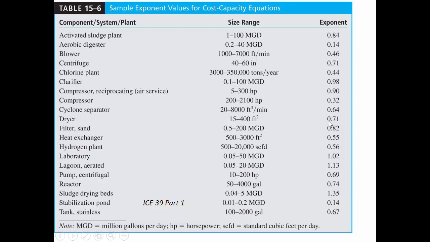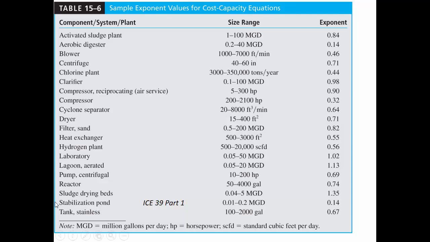But there's a handful of these things where there is a diseconomy of scale. A sludge drying bed, an aerated lagoon, a laboratory. Each of those items isn't a piece of equipment, but it's related to space. So the larger a space that's occupied, it becomes increasingly expensive.